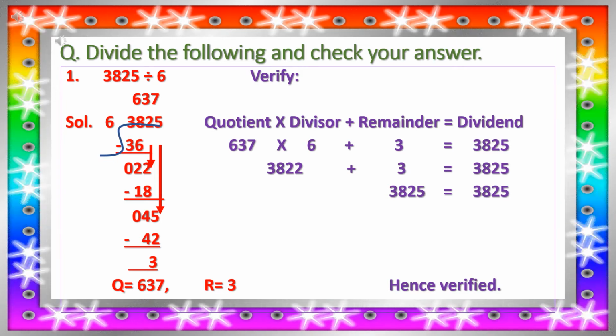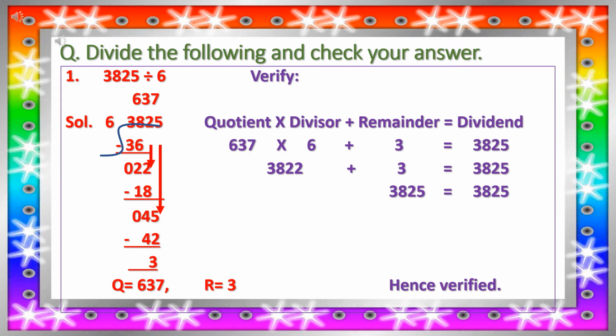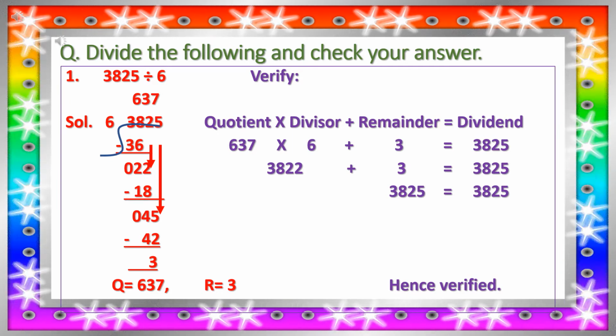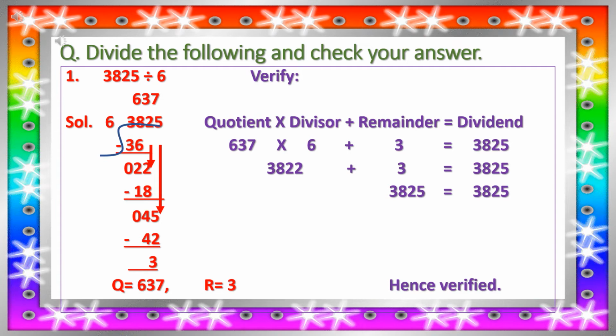Now we will subtract them and we will get 2 as difference and we will bring another 2 down and it will become 22. Now 6 3s are 18, 6 4s are 24. So we will write 3 as quotient over 2 and we will write 18 under 22.